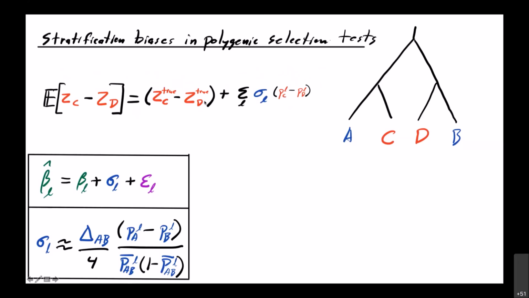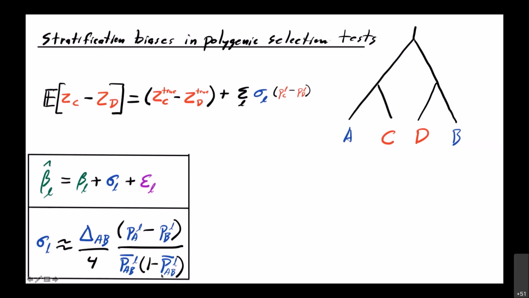One is the true difference between the polygenic scores. That's the thing we're actually trying to measure. And we're actually trying to test whether this thing is non-zero, and specifically, is it significantly non-zero? And then we've got an extra term that corresponds to this bias in the effect sizes. And in particular, it's this sum across loci of the product of these bias terms with the differences in allele frequencies between our two test populations, C and D.